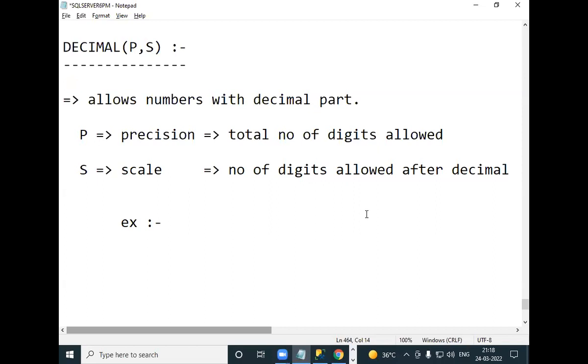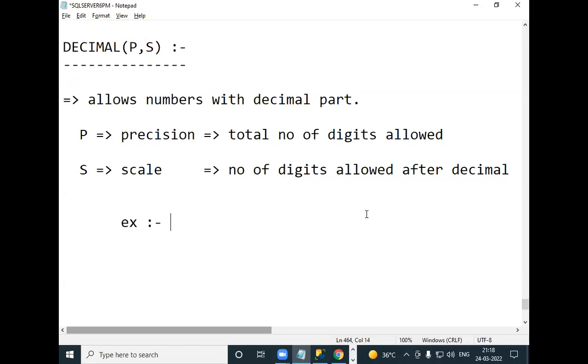Example for floats, example for numbers with decimal. Bank balance, balance is float.